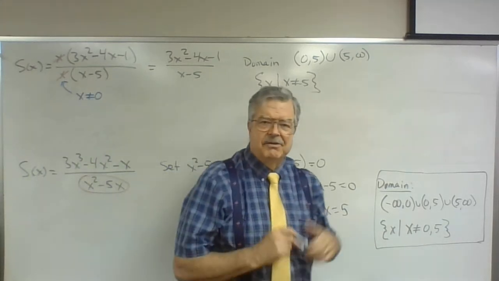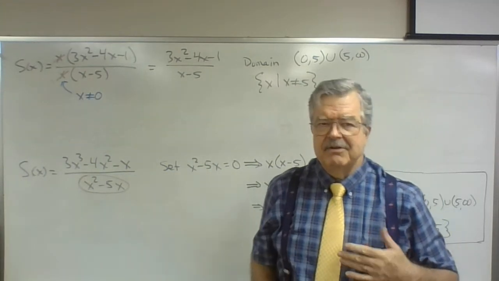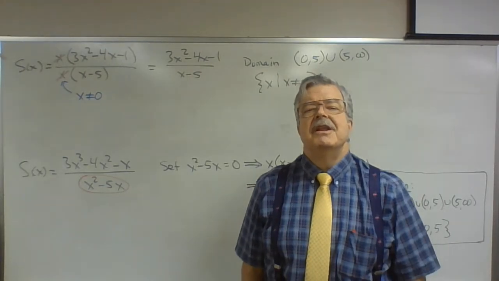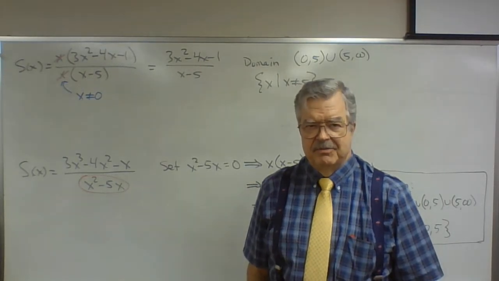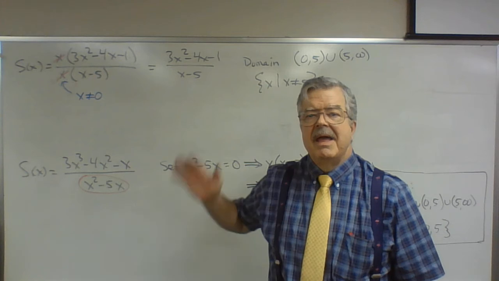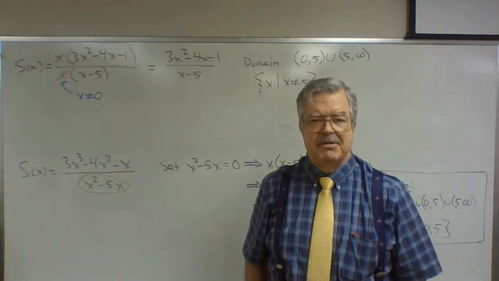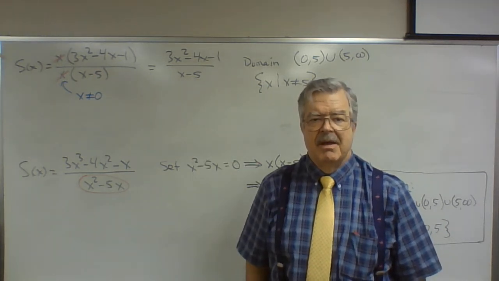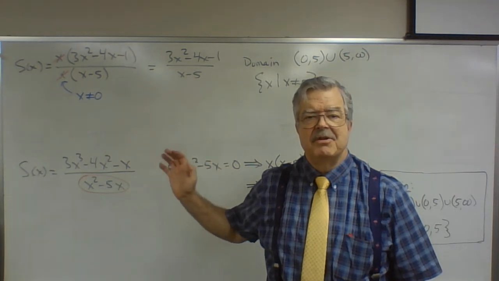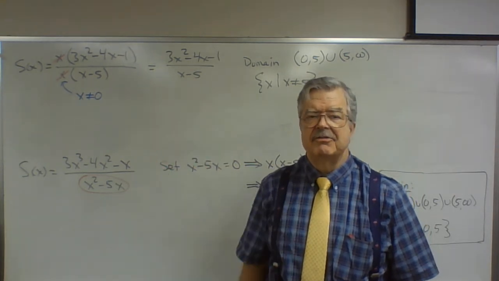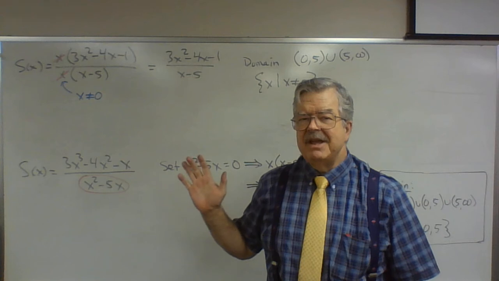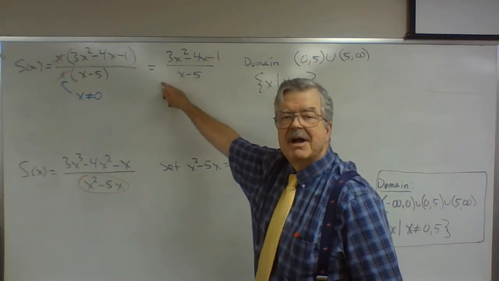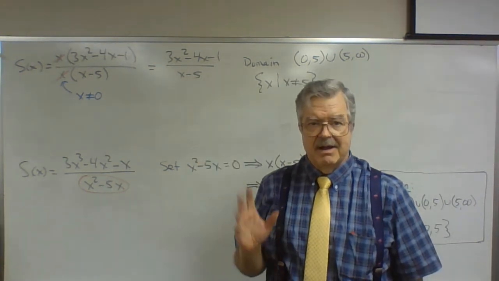The point is, if we take a function that is not in lowest terms, and we cancel a factor from top and bottom, we have to keep the domain of the original expression. We can't change the domain by dividing top and bottom by a common factor.